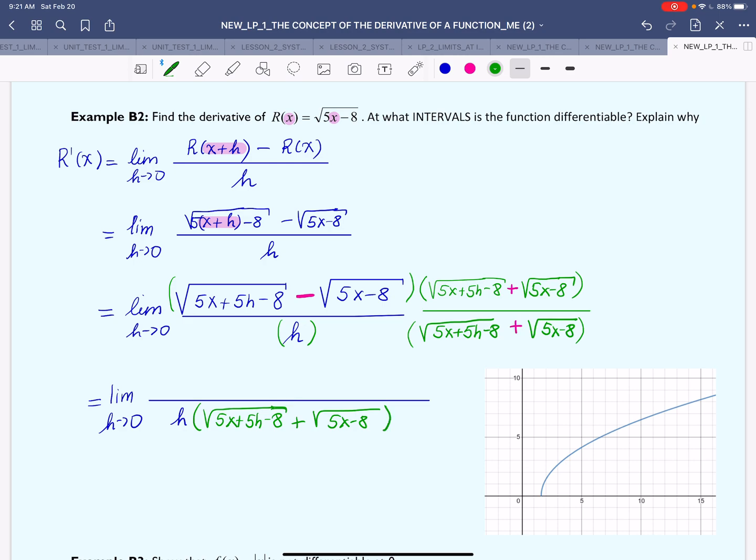Now, our numerator is going to change a bit more than the denominator. So we have the root of 5x plus 5h minus 8 squared minus the square root of 5x minus 8 squared.